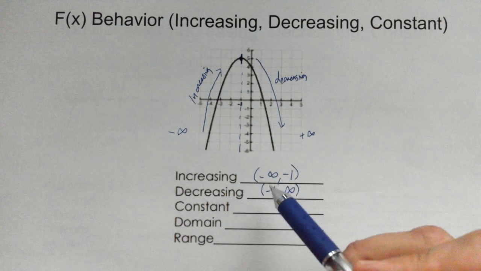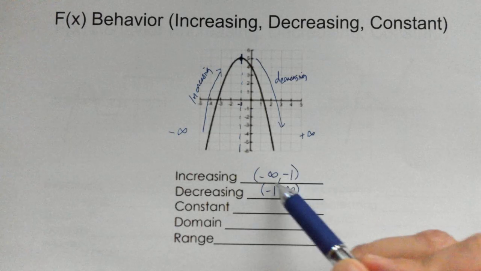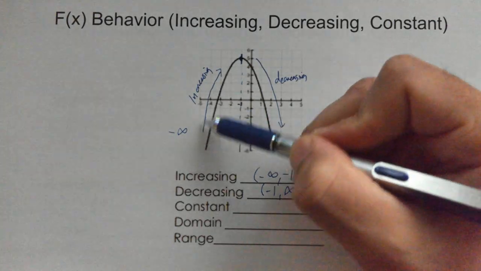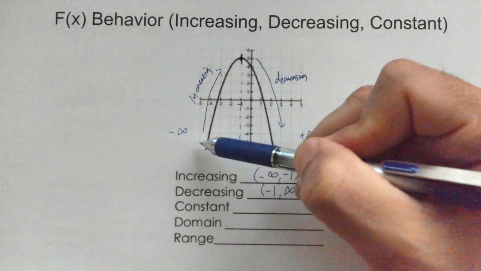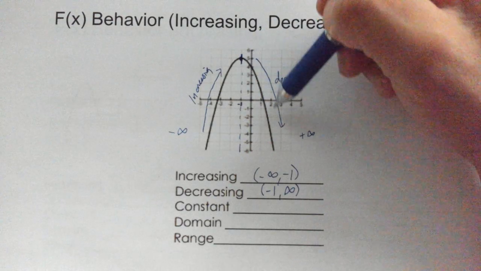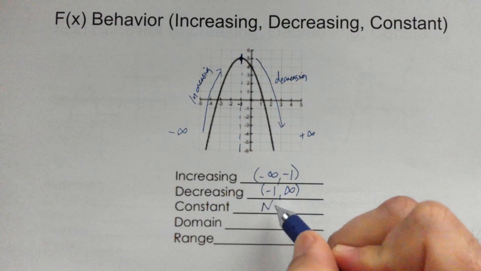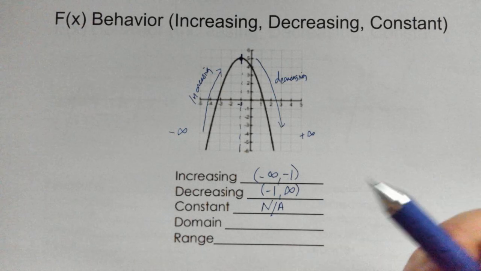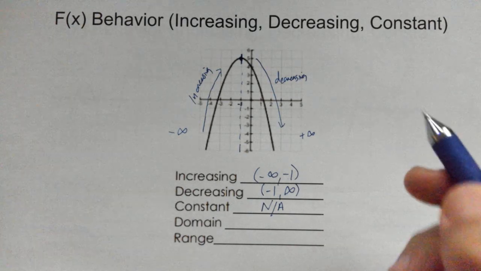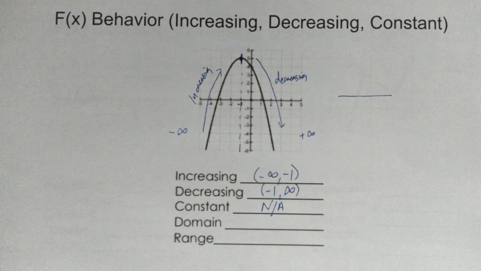So this just says everything between negative infinity and negative 1 is increasing, and everything between 1 and infinity is decreasing. And here we have no situations where the graph is constant. Constant meaning that there's no change. It's just flat.